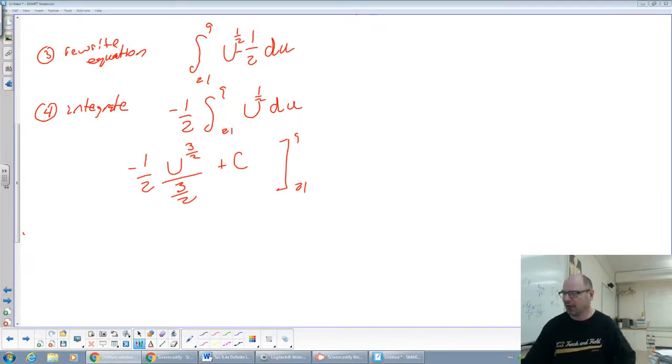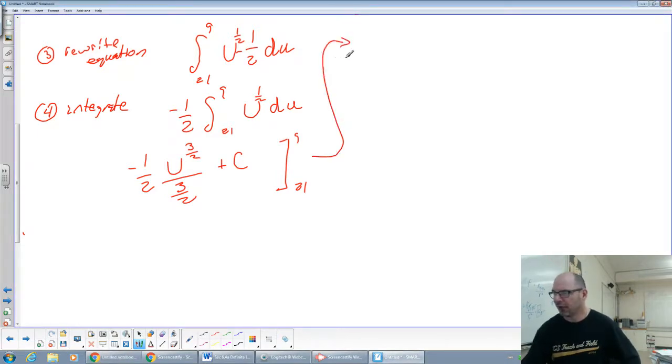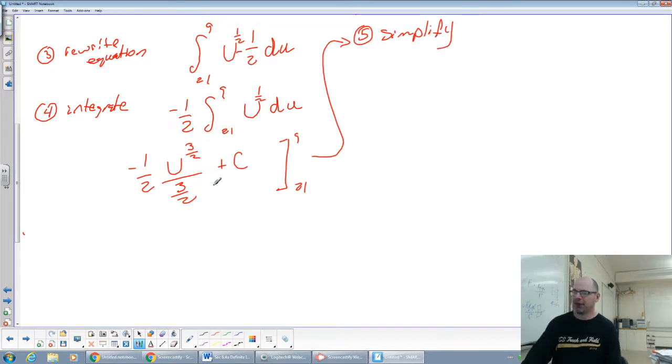Dividing by 3/2 is like multiplying by the reciprocal.